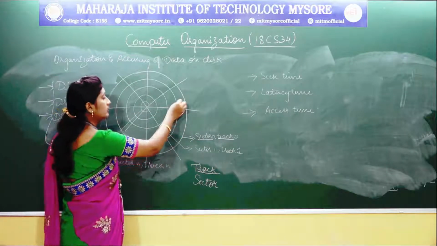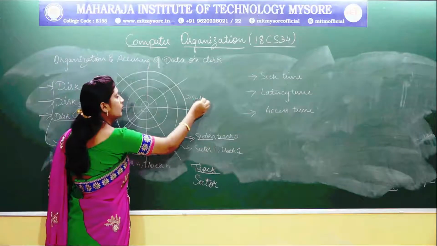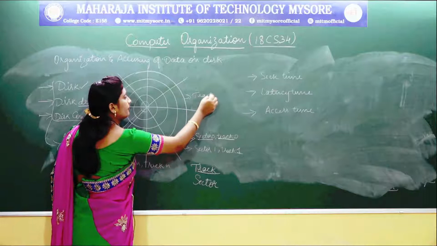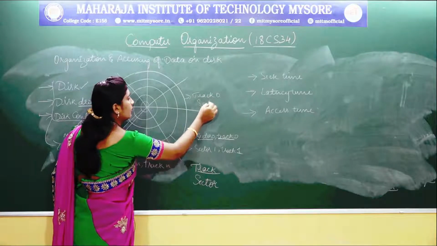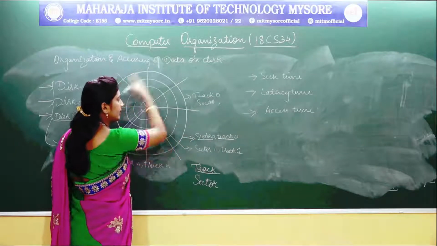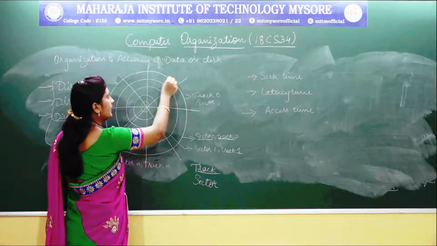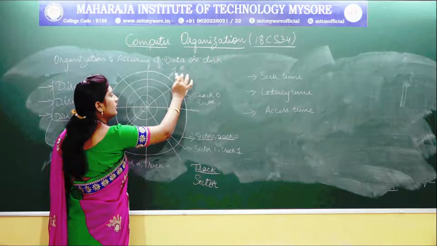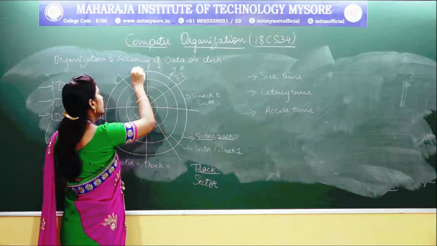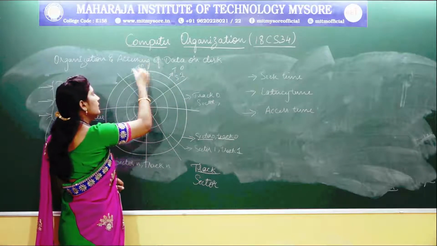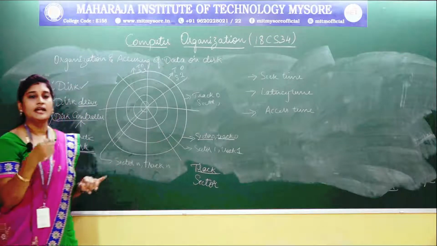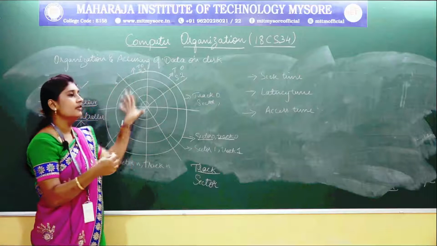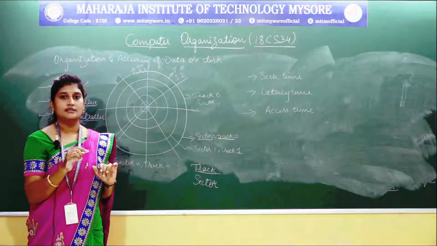Again I can give this name as track 0, sector 0, track 0, sector 1, track 0, sector 2, track 0, sector 3. So like this I can keep on giving name conventions to each and every section of my disk surface.